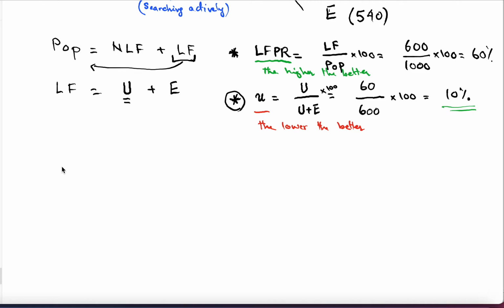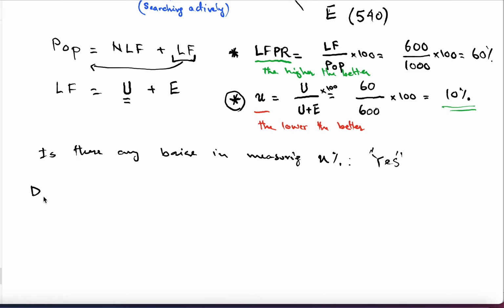So just like GDP, we said that there is a bias. The question is this: is there any bias in measuring the unemployment rate? The answer is yes, there are.